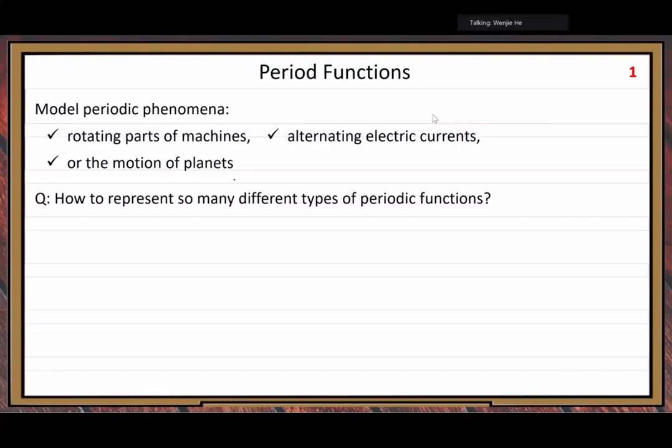How to represent so many different types of periodic function? Here, let's focus on the periodic function. What is the best way to model the periodic phenomena? You want to use periodic functions to model periodic phenomena, right?